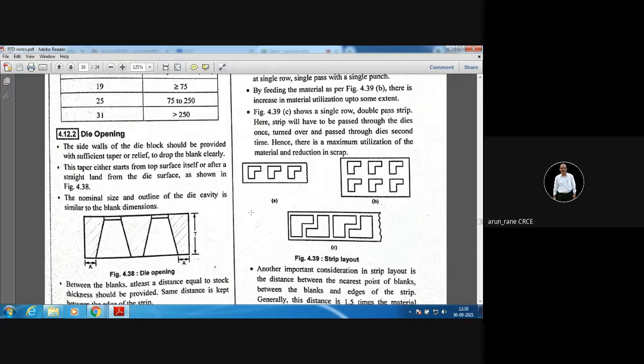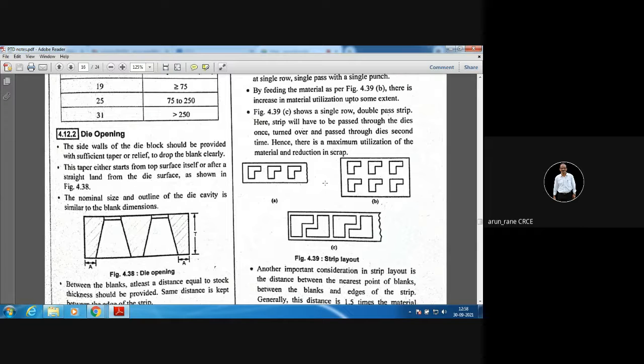Strip utilization is found by the formula: area of the component into number of components divided by the area of the uncut strip.